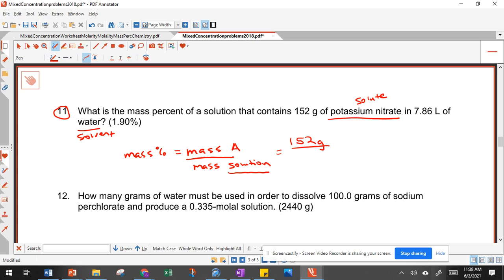And remember, 1 liter is 1,000 milliliters, and 1 gram is equal to 1 milliliter for water, because water has a density close to 1. So here we know this is 7,860 grams, because this is 7,860 milliliters.